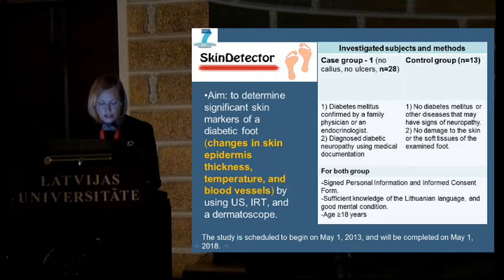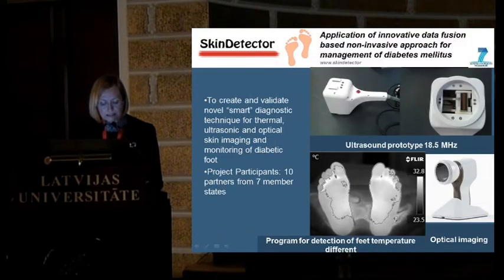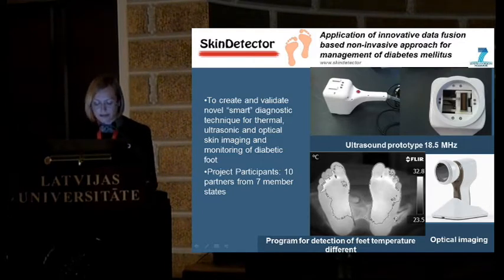In the first stage of this study, we included 28 diabetic patients without visible signs of diabetic foot and 13 control subjects. The second task of the skin detector framework is to create and validate a novel smart diagnostic technique for thermal, ultrasonic, and optical skin imaging and monitoring of diabetic foot.